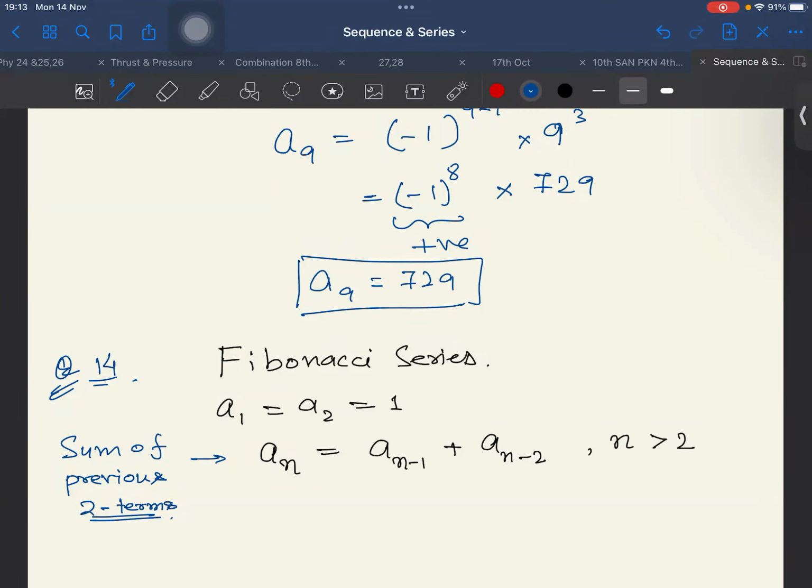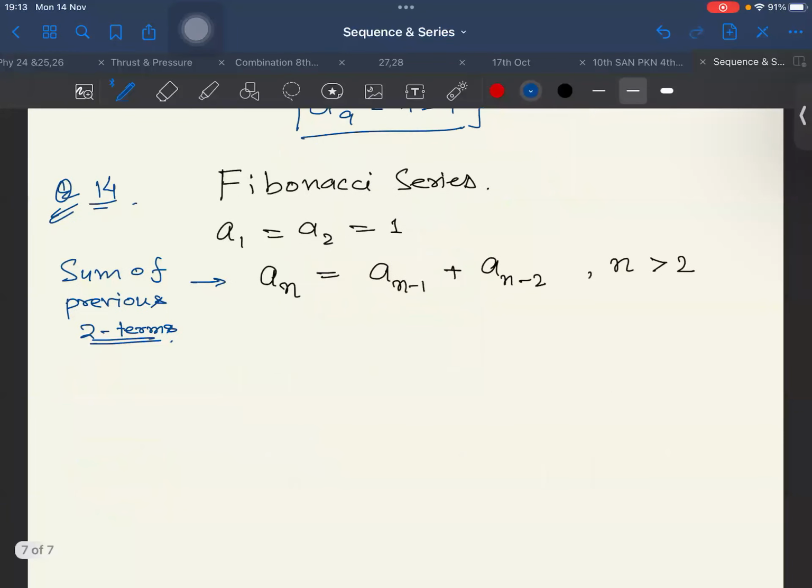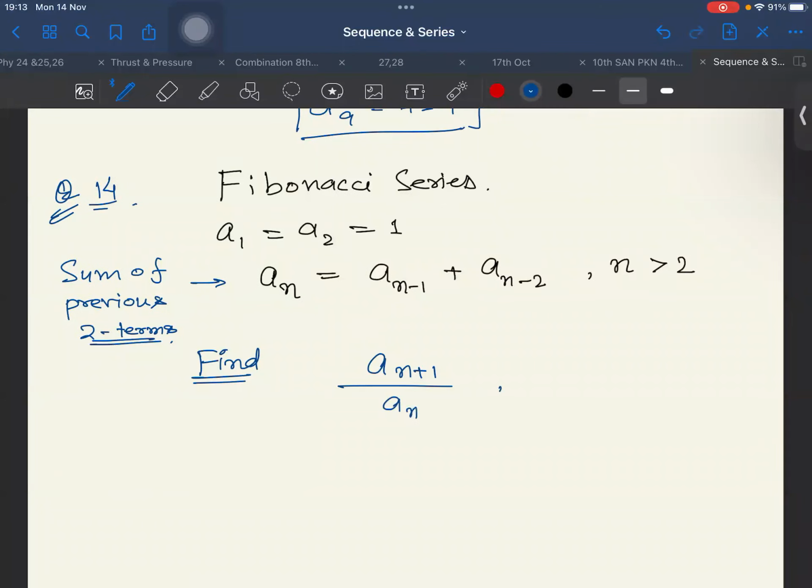Now, what do you need to find out? In this problem, you need to find an plus 1 upon an. For n is equal to 1, you need to find A1 plus 1 upon A1. So A1 plus 1 is A2 upon A1.